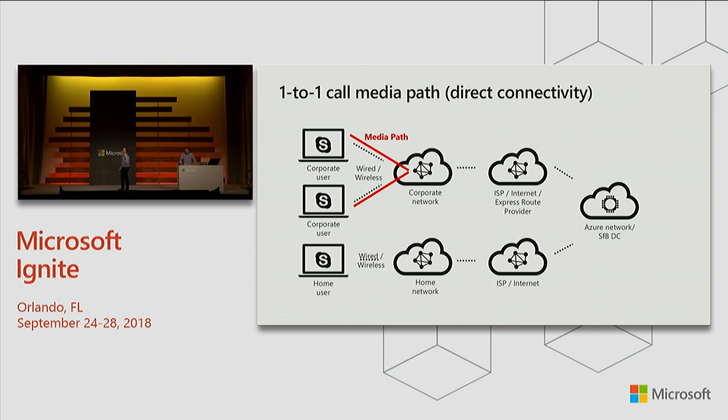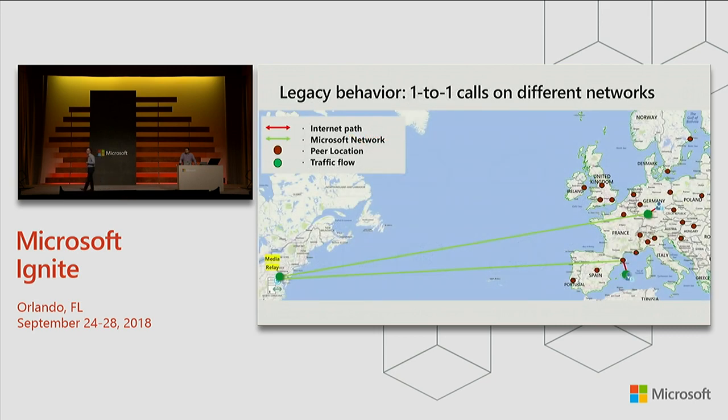However, if these two users are now on different networks that do have some barriers in between them, then we have a very different story. So this is labeled as legacy behavior. This is also, in many ways, the current behavior for Skype for Business. So in this example, we have two users in Europe, one user in Germany and one user off the coast of Spain enjoying a vacation, and they need to talk to each other.